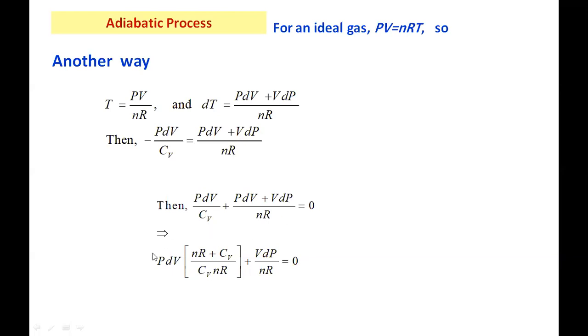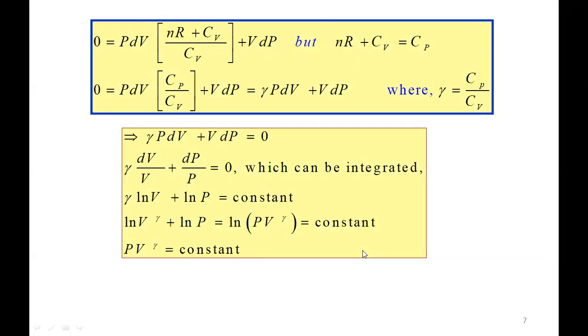This gives a first order differential equation. PdV times nR plus Cv over Cv nR plus VdP over nR equals 0. Again we rearrange this equation, but nR plus Cv equals Cp. This means Cp over Cv PdV plus VdP, where gamma is equal to Cp over Cv.